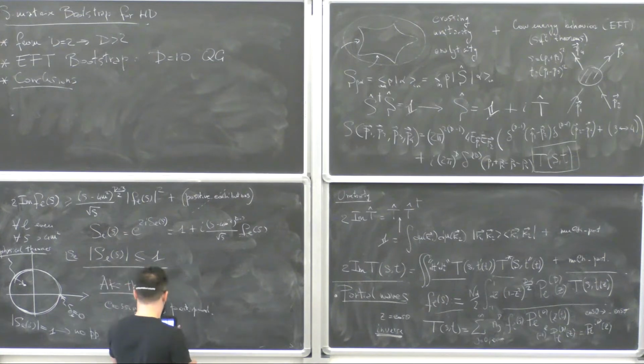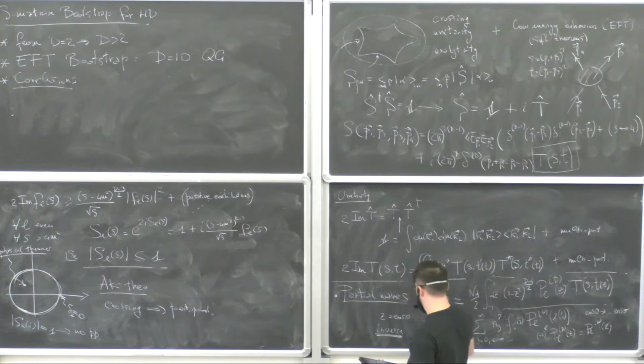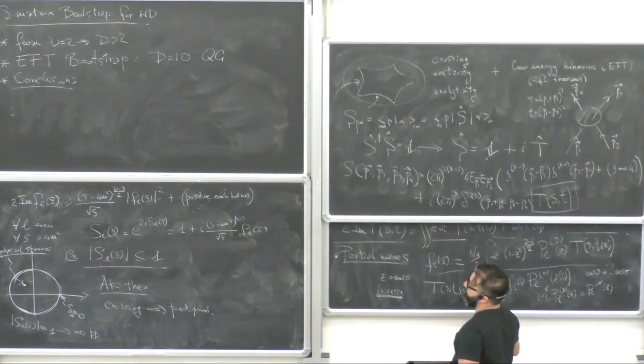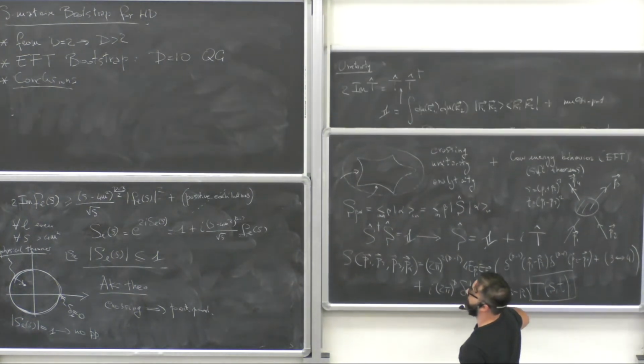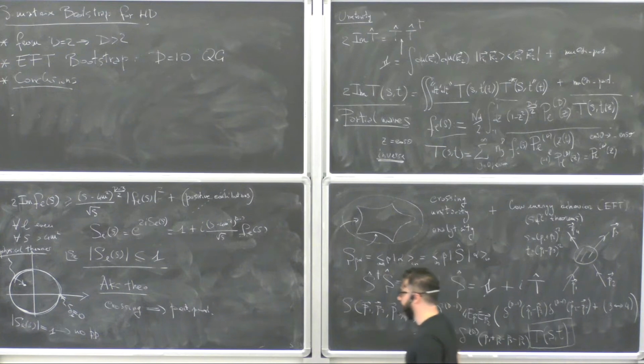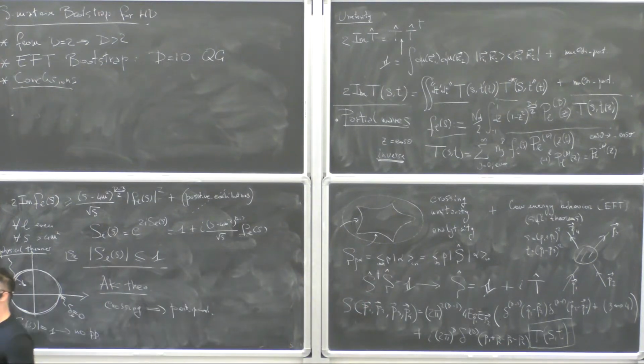All right. So, let me move to the last one. This I will keep, this I will erase. This means that there cannot be any theory that for any physical value of S can be on the boundary.